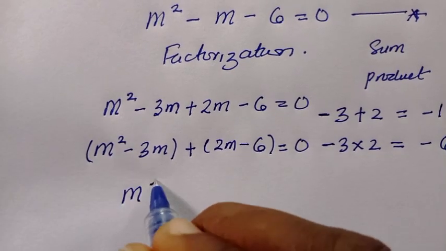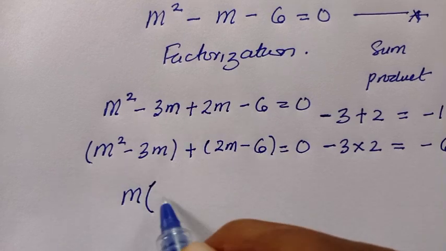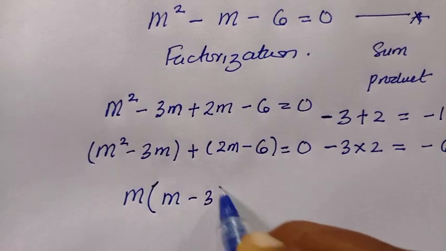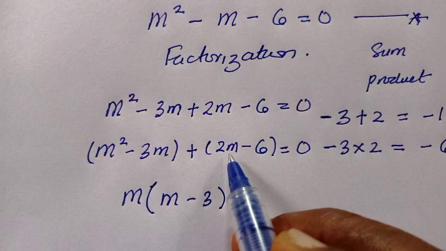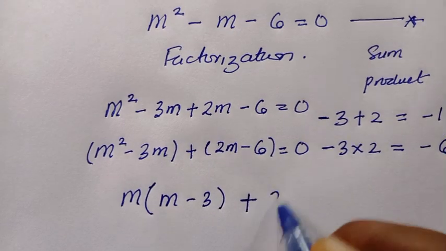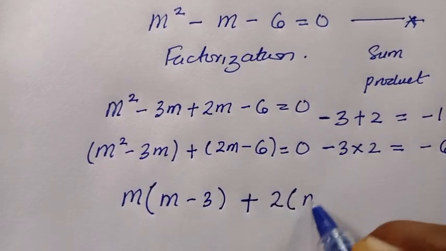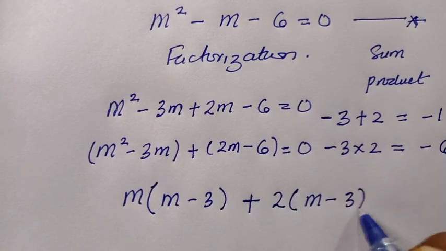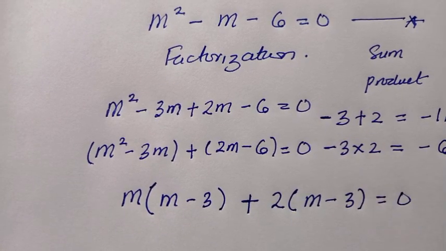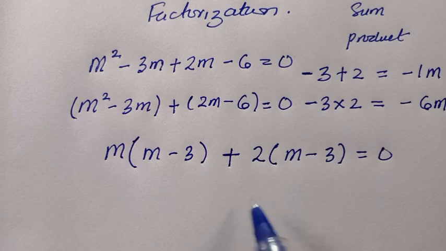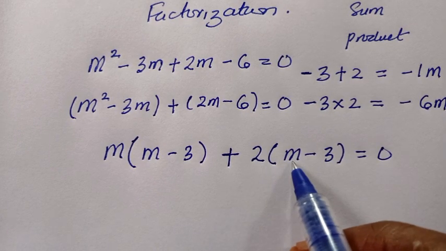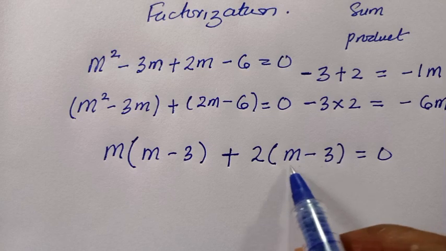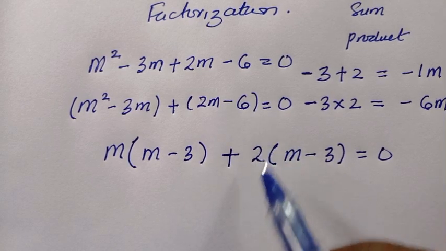So as m is common, by factoring it out, here remains m minus 3. Plus, m is not common here, but a number is common, which is 2. So by taking out 2, we have m minus 3. The way I did this is 2 times m and 2 multiplied by 3, that is 2m minus 6.